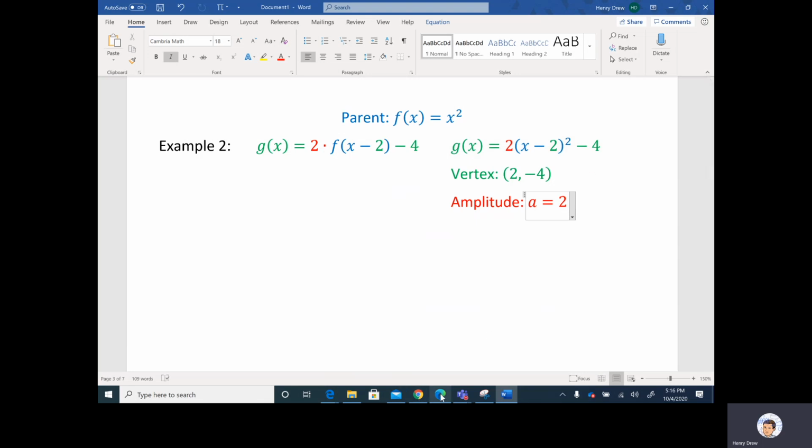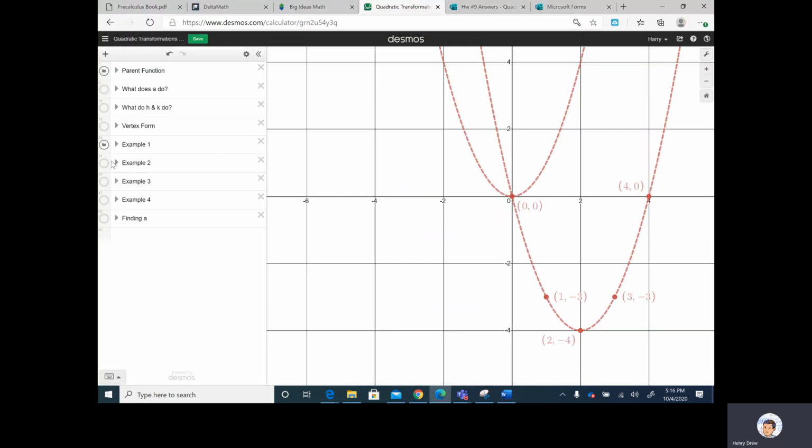So when we come back to our graph, if we look at our second example, it's the same vertex, 2 negative 4, but it's been vertically stretched from that point, and so to get from 2 negative 4 up to 3 negative 3, for example, we would rise 1, run 1. Now to get up to the point on the purple, we'd have to rise 2 and run 1.